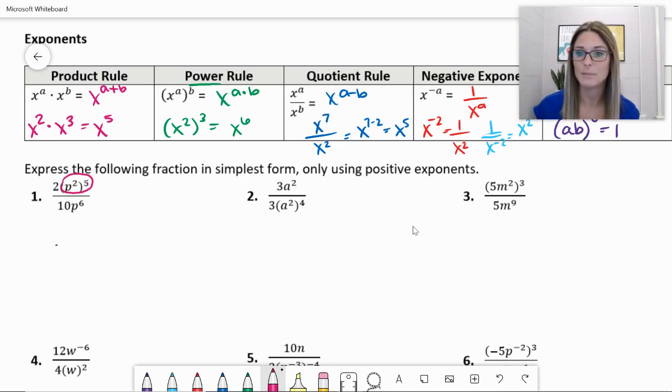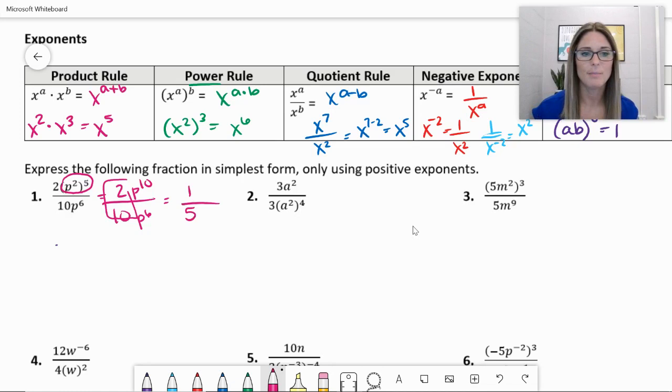I'm going to use that power to power rule and simplify this as 2 times p to the 10th, leaving everything else, 10p to the sixth in the denominator. From there, a couple things. Your numbers are still numbers. So the 2 and the 10, those are still coefficient numbers. They don't have special rules. So I'm just going to think of them as a fraction and simplify that to 1/5.